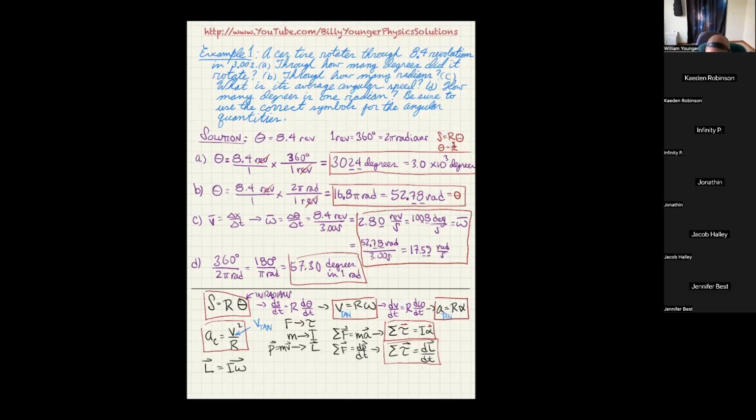But you can also have L is equal to R cross P. And that's more like if you wanted to calculate the orbital angular momentum of a planet, then you can imagine the sun, or the center of mass of the Earth, Moon, Sun system, basically the whole solar system.